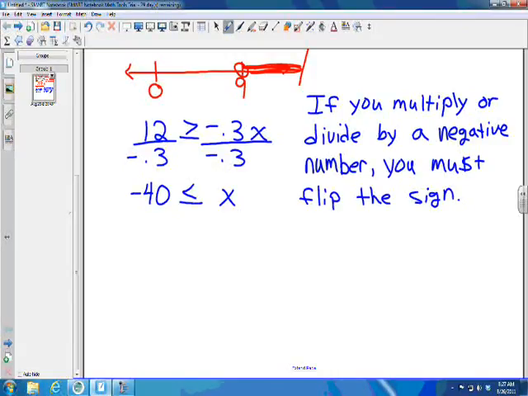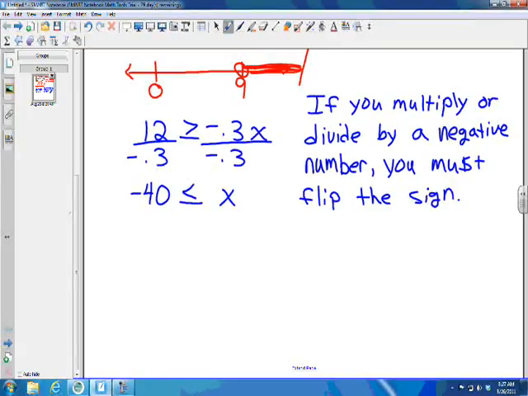You must flip that sign in the middle. So, for instance, on a test, you'll have this answer, and you'll also have the answer without the sign flipped. So it's going to be tough, but you've got to remember, if you multiply or divide by a negative, you have to flip the sign.